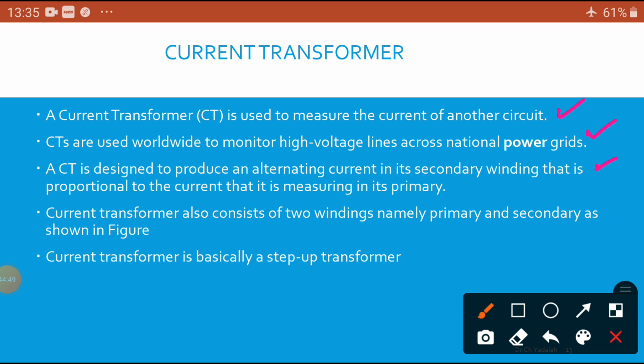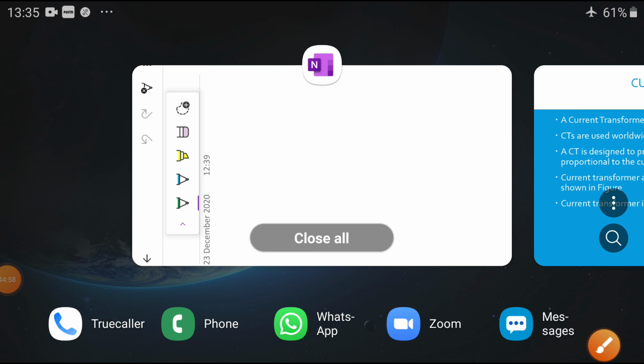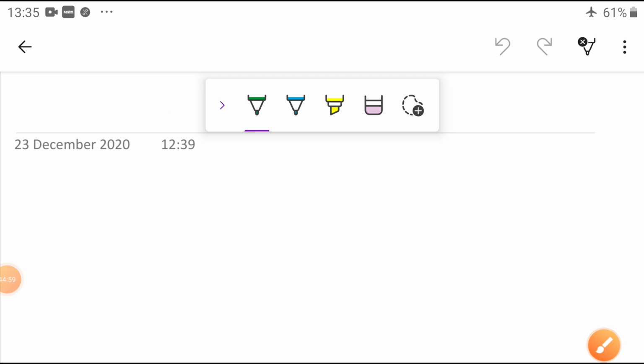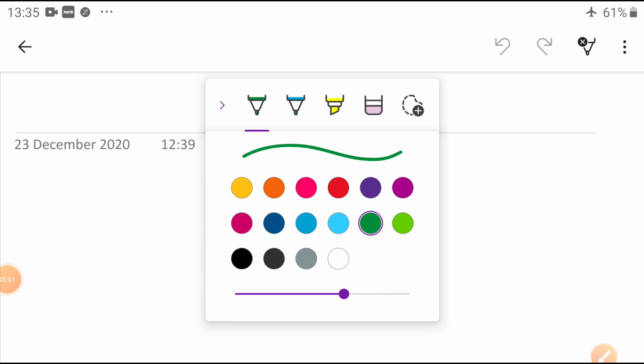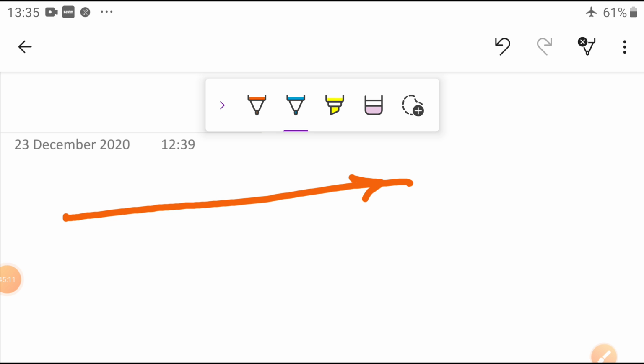So you can see here, for example, suppose one line is flowing, taking a current, for example 100 amperes.